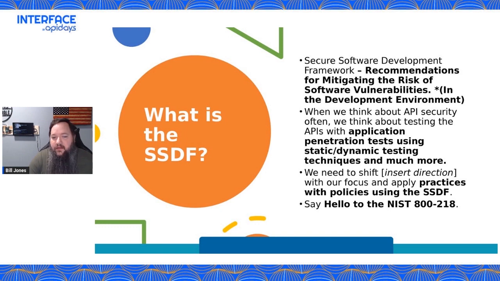It's more about the development environment and how you are writing practices with policies to enforce standards to create secure software. Since we're talking about software, and APIs are nothing more than just software, by creating a secure development environment from the get-go, the outcome is going to be more secure APIs.